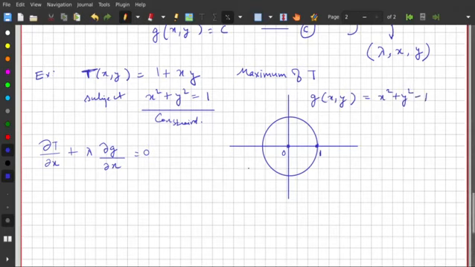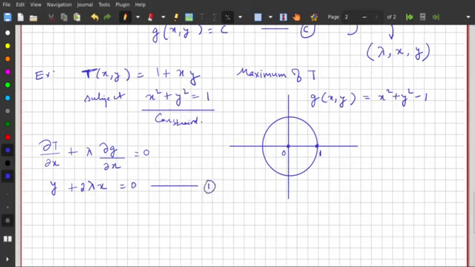So g equals 0 defines the unit circle. That's the constraint. Partial t partial x becomes y, plus lambda times partial g partial x, which is 2x, equals 0.